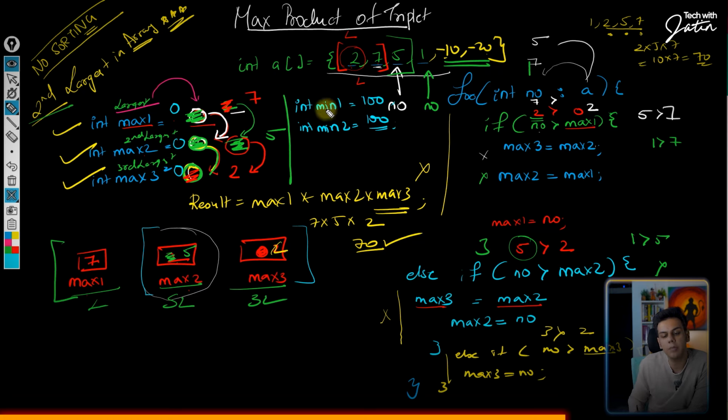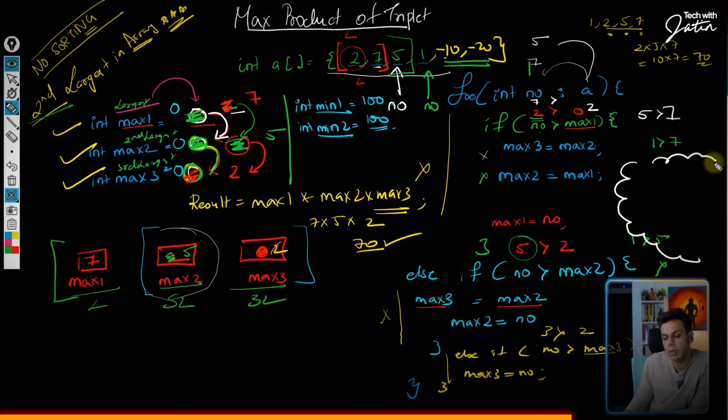And the goal over here is minimum 1 is going to store the smallest number and minimum 2 is going to store the second smallest number. So just like this particular loop where we were checking for max 1, max 2, max 3, inside this loop you are also going to have 2 more checks.